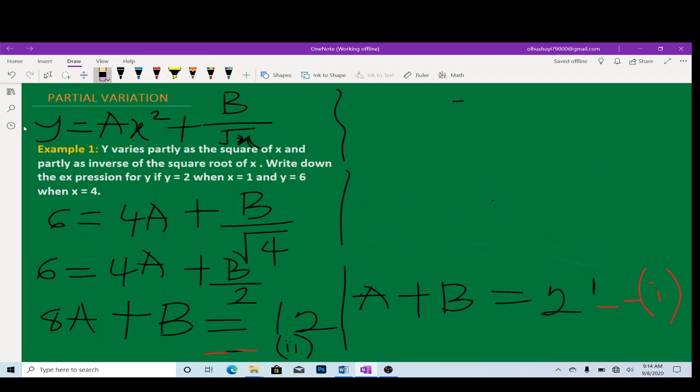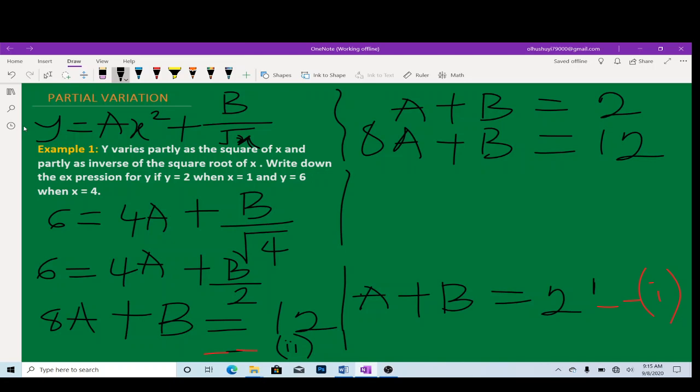So I have the equations to be: a plus b is equal to 2, and 8a plus b is equal to 12.